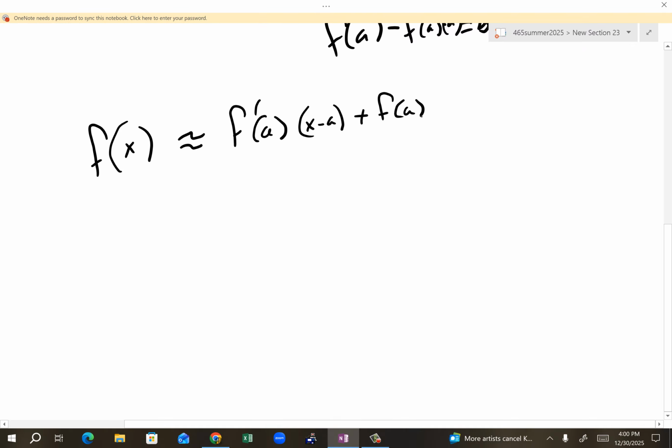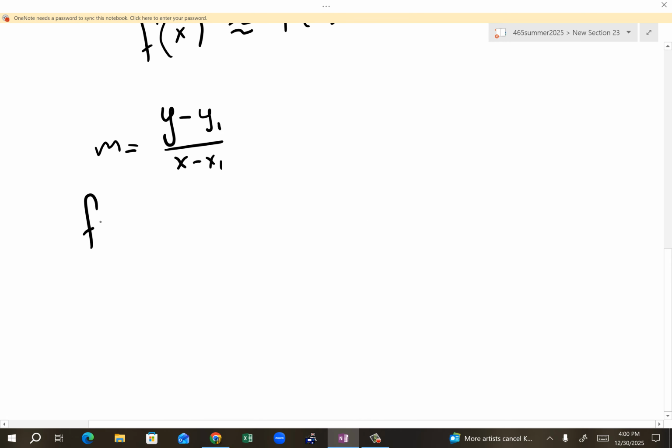Well, I'd love to. Thank you. So, in other words, watch this. You recall that y minus y1 over x minus x1 is, by definition, slope. True dat? And slope, of course, is f prime of x. Now, specifically, what value of x? Well, we want to know about x equals a.